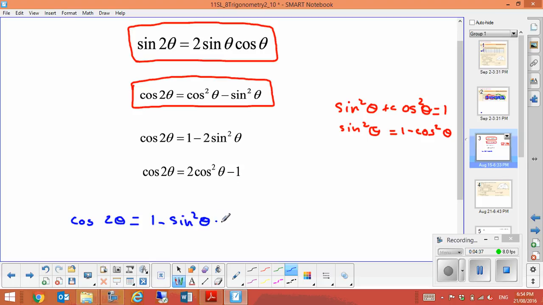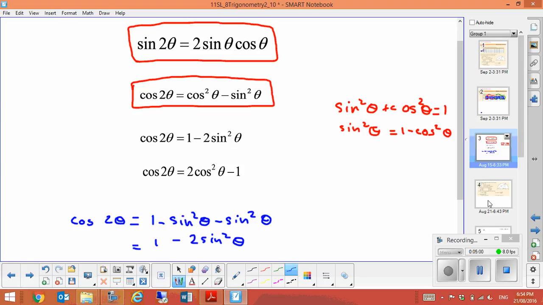Then we go minus sine squared theta. So overall we end up with 1 minus 2 sine squared theta. So that gives us this relationship. In other words, these are just the same identity, just written in different forms.